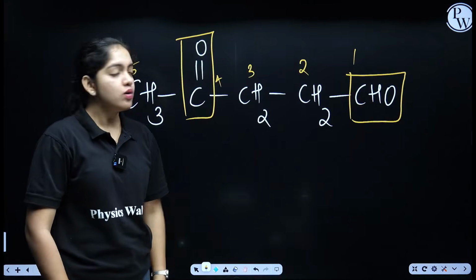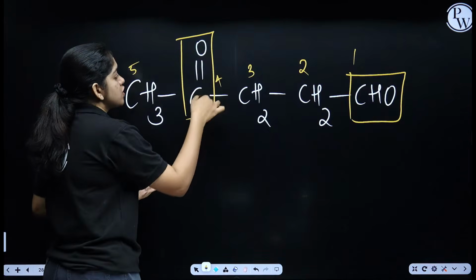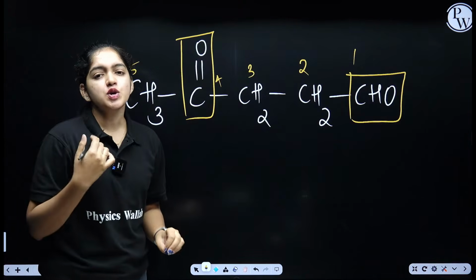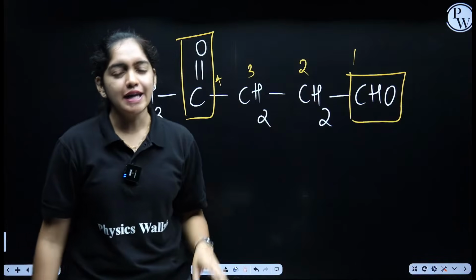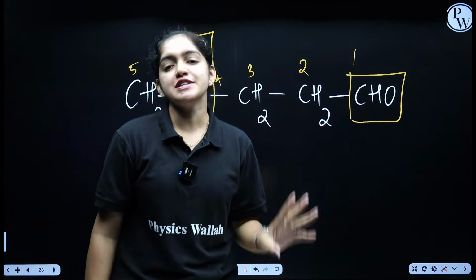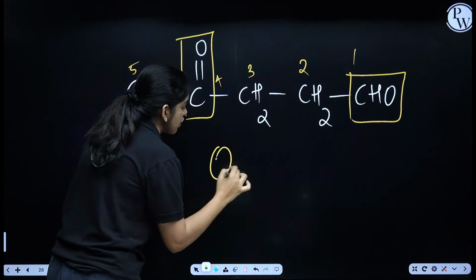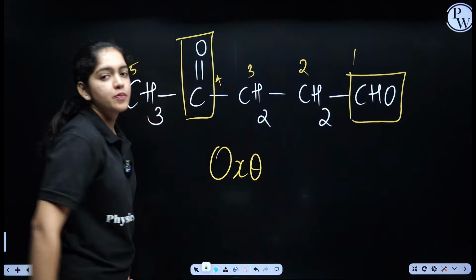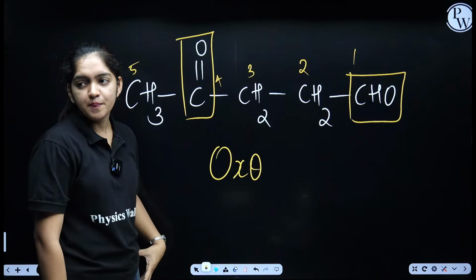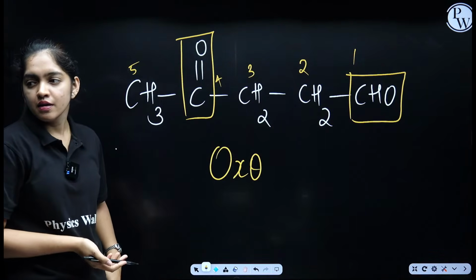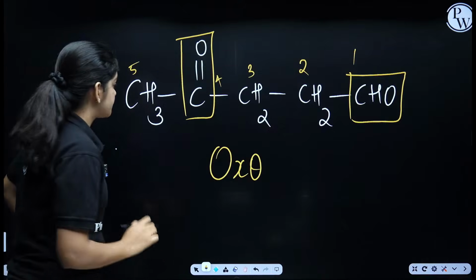Okay. So, at the 4th position, a keto group is there. If keto group is coming as a second priority, learn the IUPAC rule. If keto group is coming as a second priority, its name will be like oxo. What's the other name of keto group? Oxo group. Clear?